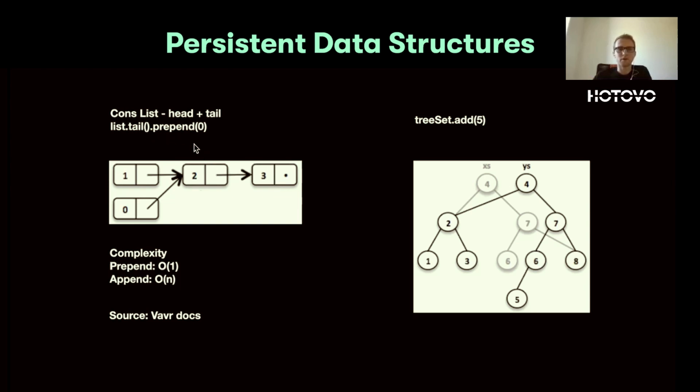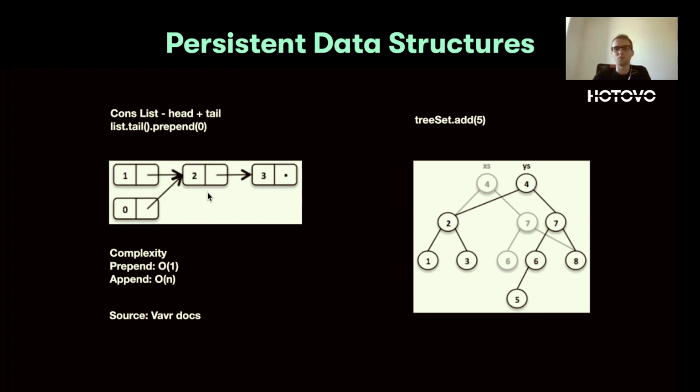Now, let's look at the operation. What would I do if I wanted to replace the first element in this list? I would call tail on this list here, starting with 1, which would give me this list here. And I would prepend it with 0. Now I get back this list with 0, 2, and 3, which shares the tail of the first list.